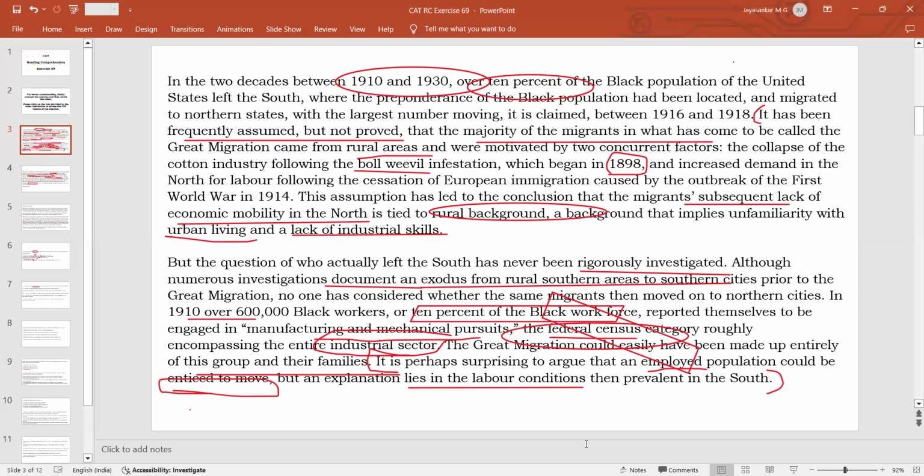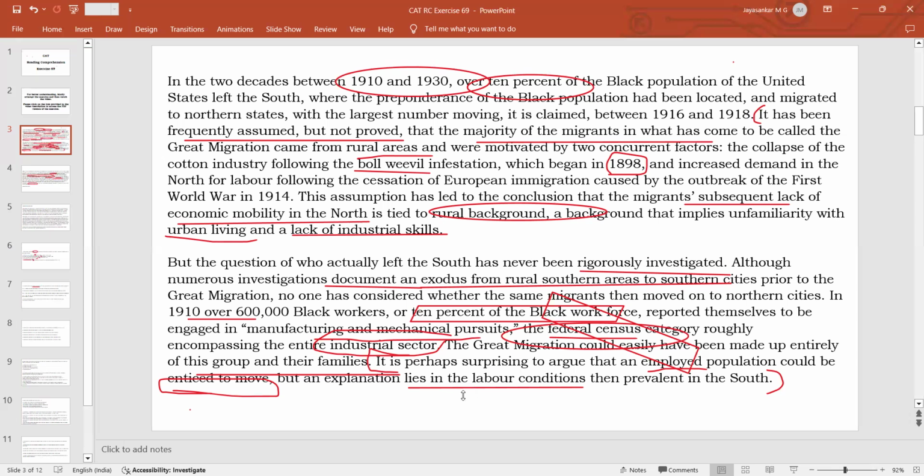So this logical objection the author is anticipating, and she is addressing that objection. She knows that the moment she says that the urban workers from the south have moved to the north, people will start saying: why would urban workers who are skilled, who are used to city living, who have adjusted to the life in the cities, leave their security and their environment and move towards an unfamiliar setting?